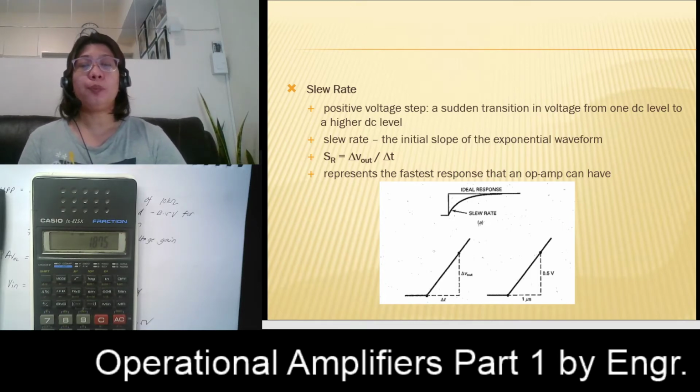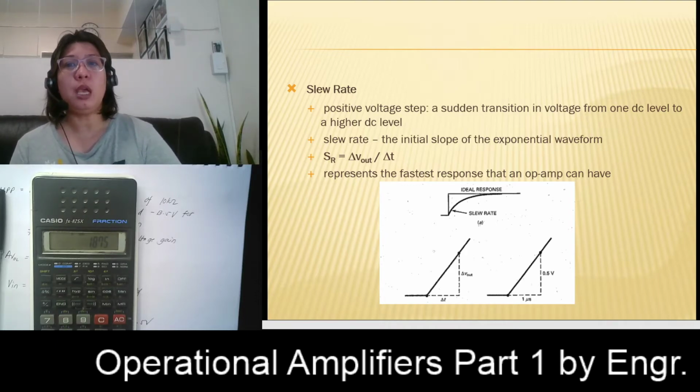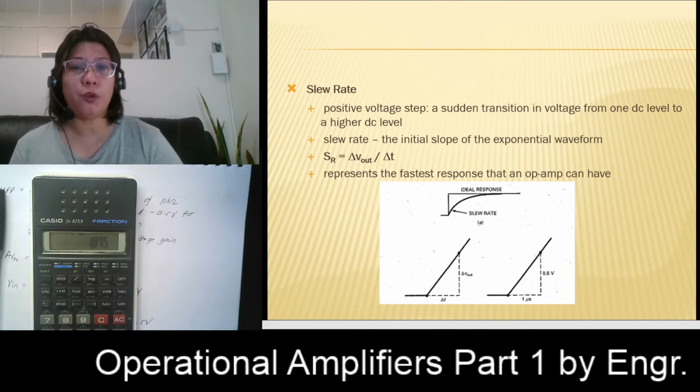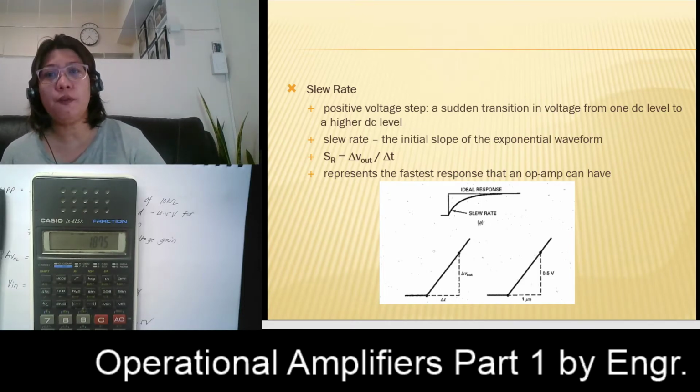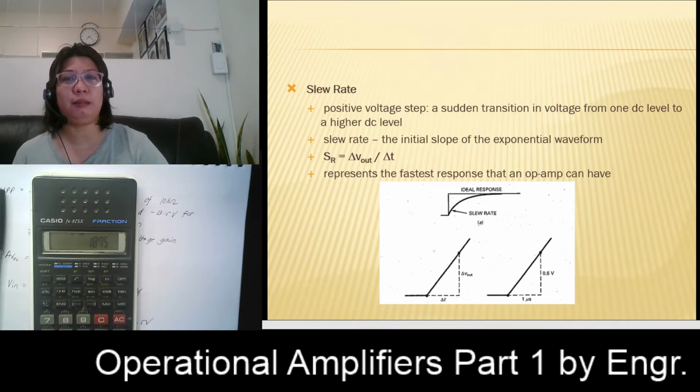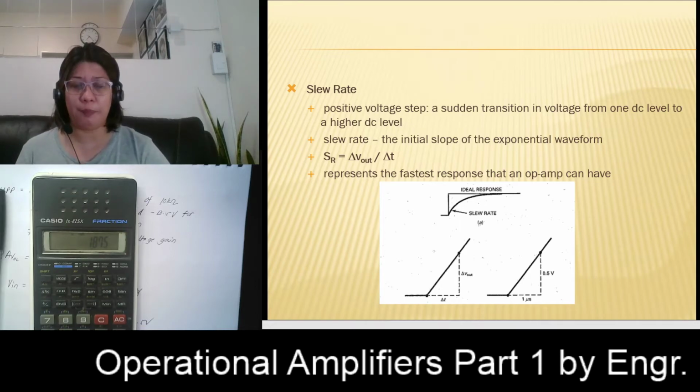The slew rate represents the initial slope of your exponential waveform. And your slew rate is given by the formula delta V out divided by delta T, wherein delta is change. So the change in output with respect to change in time.